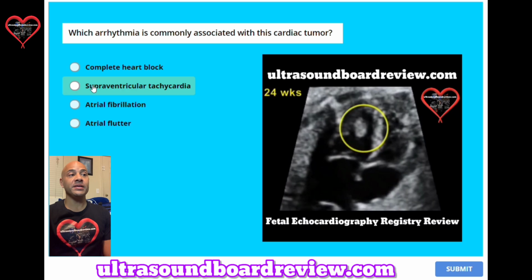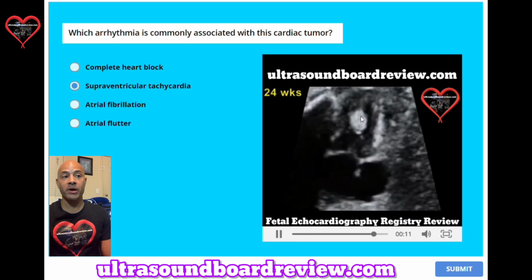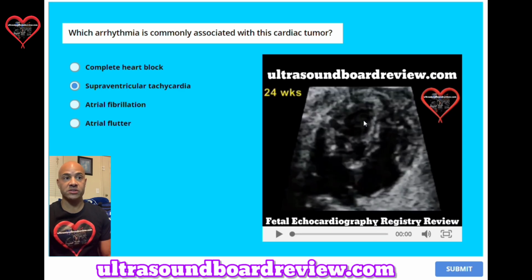The answer is B, supraventricular tachycardia, and this type of tumor is a rhabdomyoma caused by tuberous sclerosis.